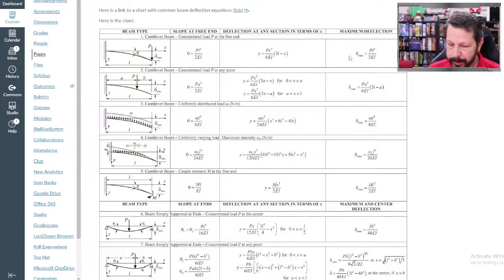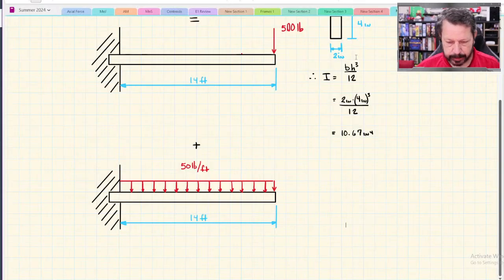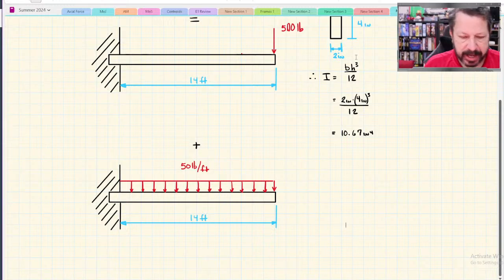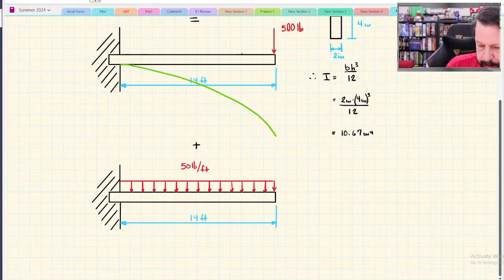But generally the maximum deflection equation is going to be simpler. All right, so we need these two equations: PL cubed over 3EI, and that will give us this distance.